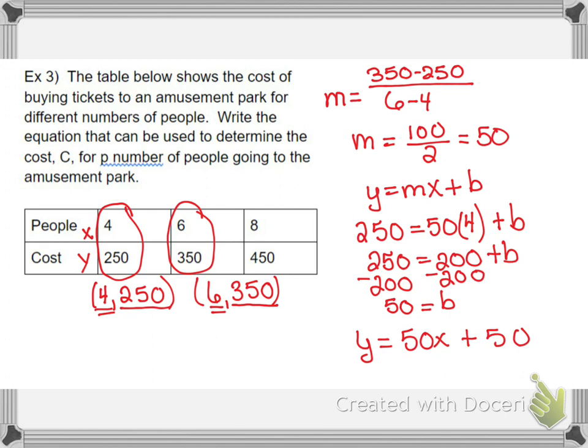So when I said that x was people, they actually wanted us to use the variable P. And the cost, instead of y, we should have used C. But that's an easy fix. You can just substitute that into your equation. The cost is equal to 50P plus 50. And there's our equation for the amusement park.